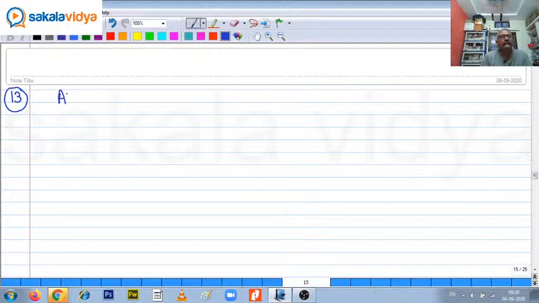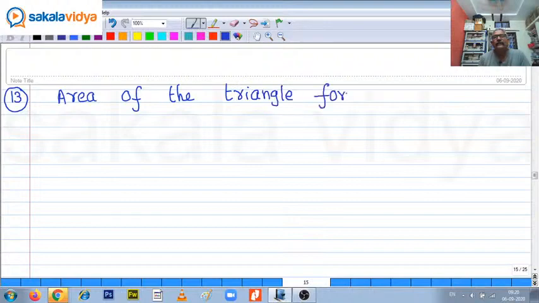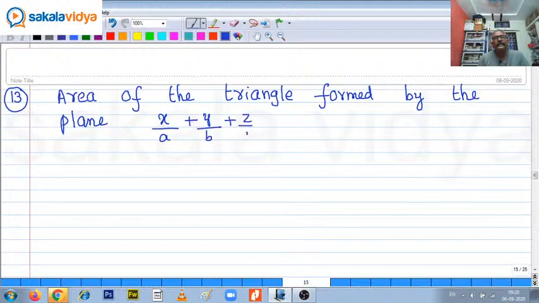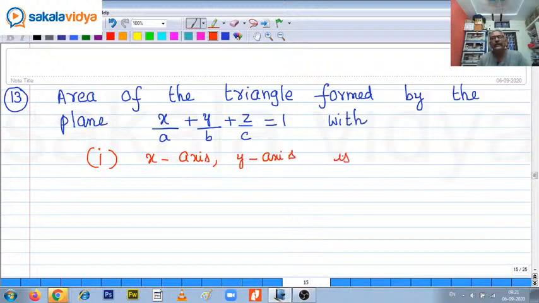This is the area of the triangle formed by the plane x by a plus y by b plus z by c equal to 1 with: first point, x-axis and y-axis is of mod AB.